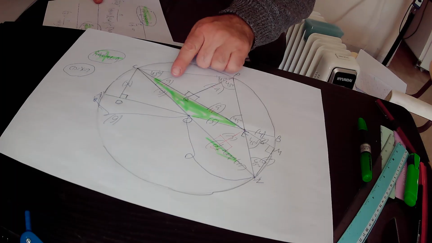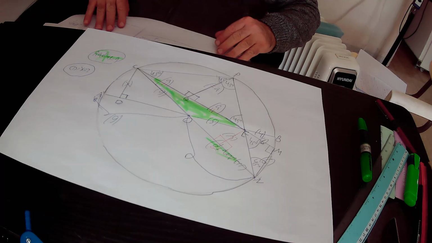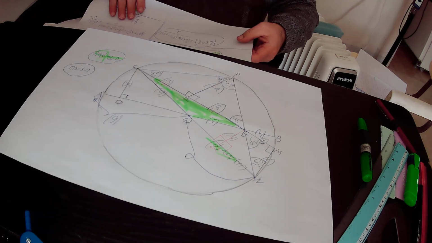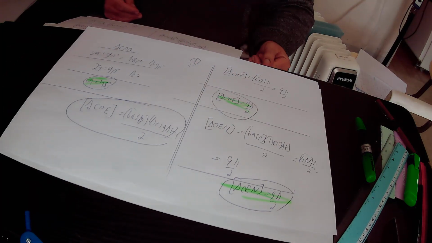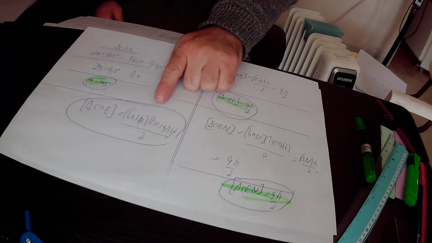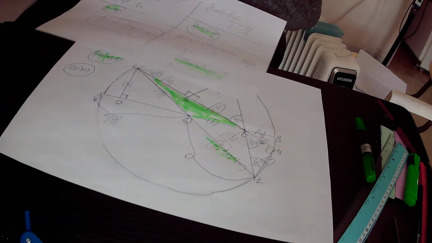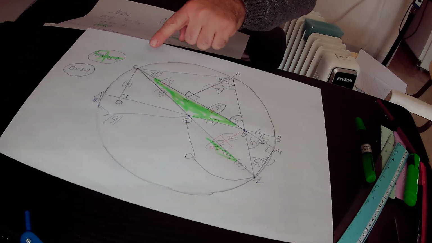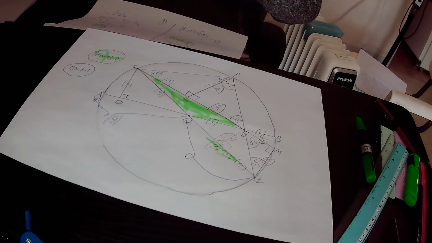The next step, we calculate the area of this triangle COE. The area of the triangle COE equals the base of the triangle times the height over 2. We choose the base of this triangle COE as CO. The height to the base must create 90 degrees with the extended base.